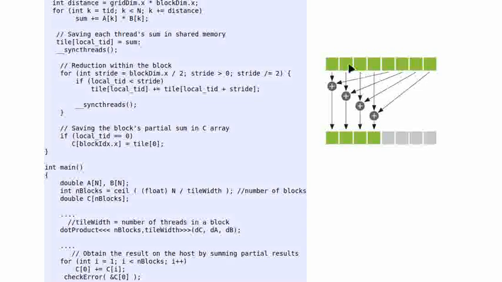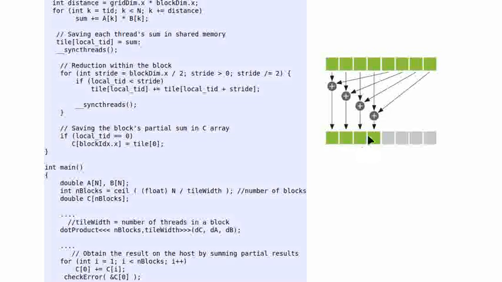Another thread will add this and this and put that into this array location, and the third will do this and this. So after one round, we reduce the number of values we need by 1/2.